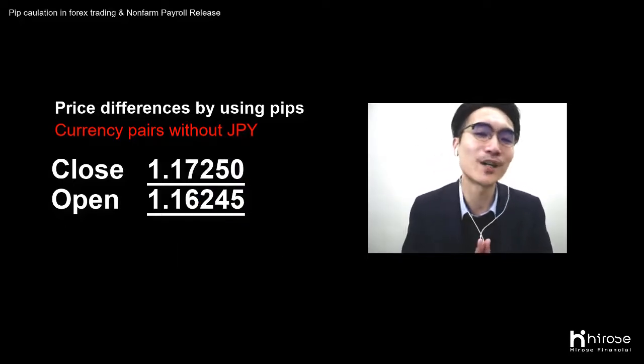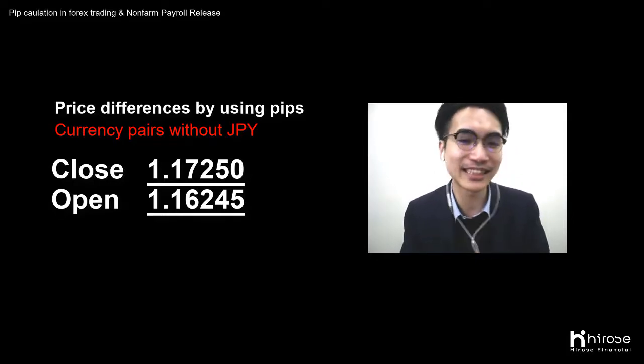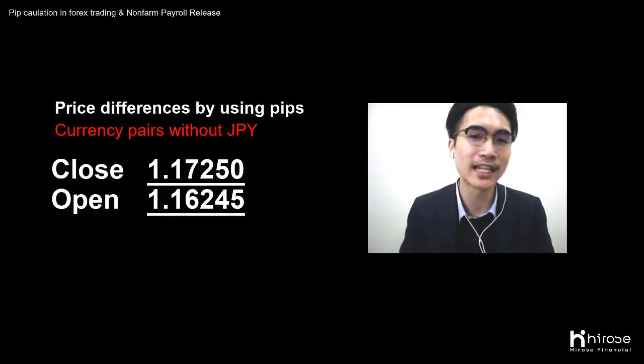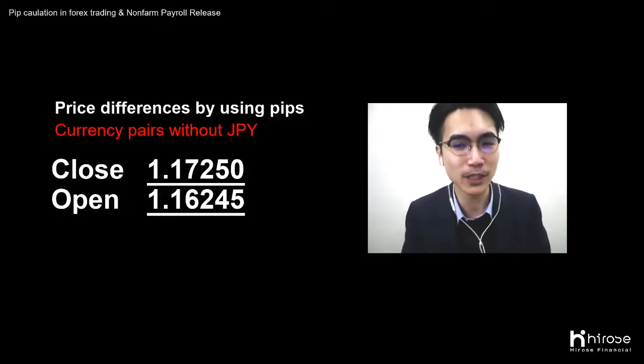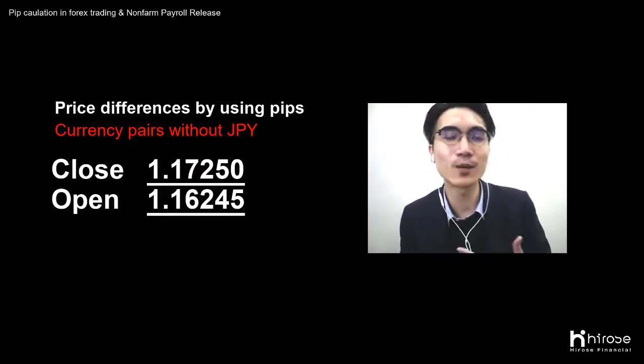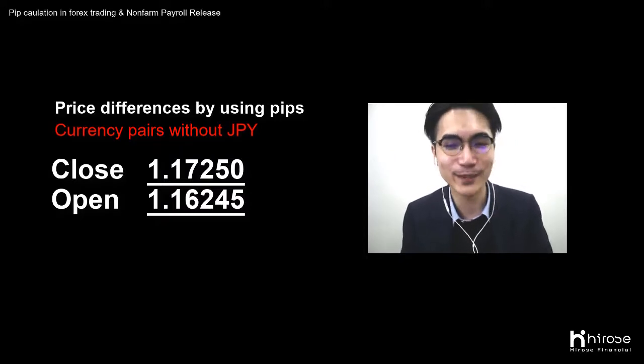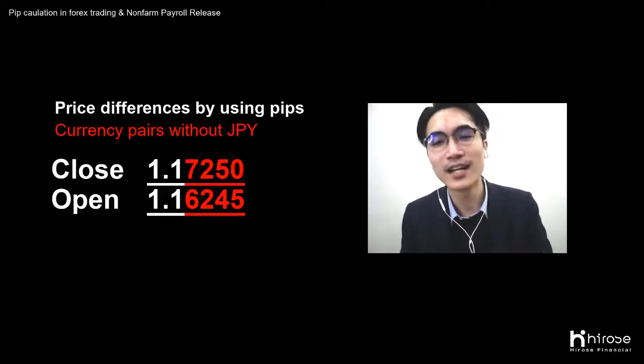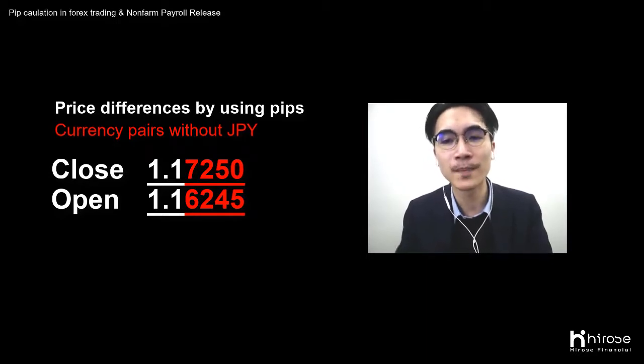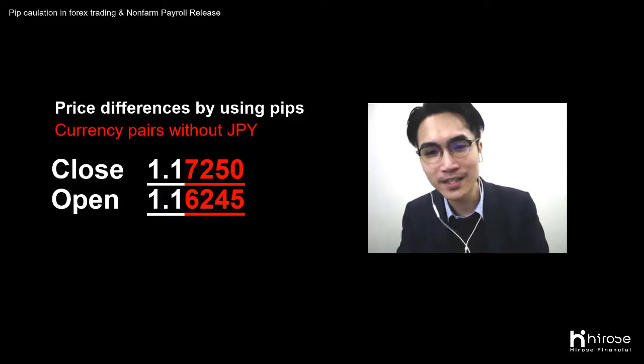It's pretty simple, so let's level up a little bit and increase the numbers. In this example here, the price of open is this much, and the price of close is this much here. It's a little bit difficult here, but it's still okay. 725 minus 624.5.